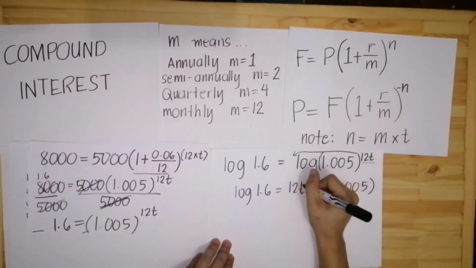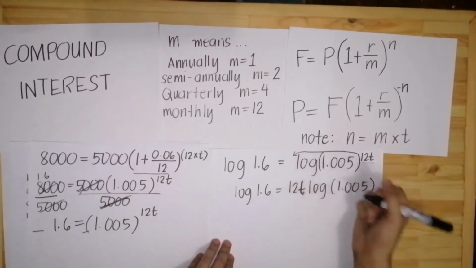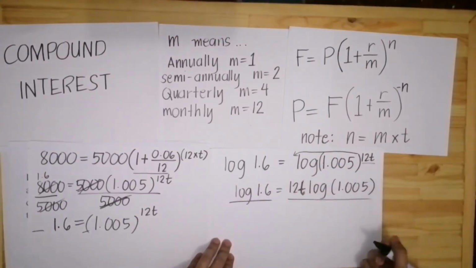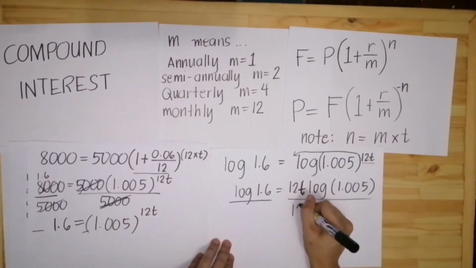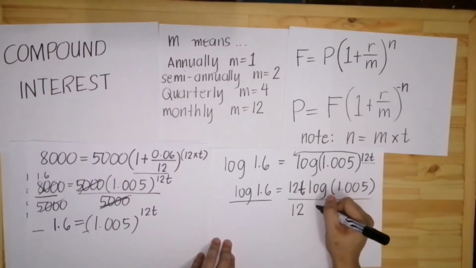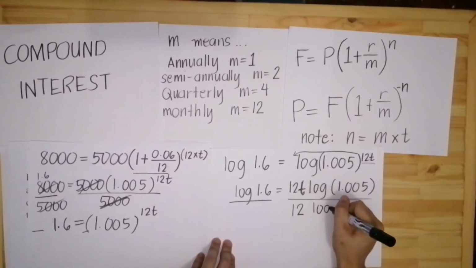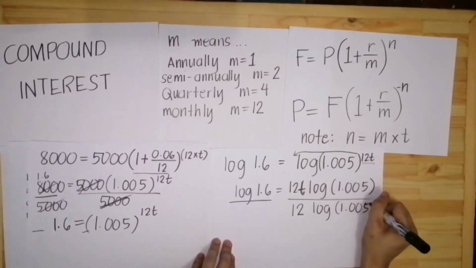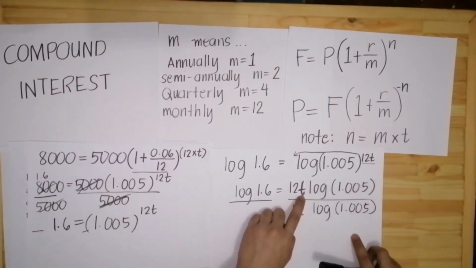Okay? Since ang kailangan mo lang naman dito is the time, pwede mong tanggalin lahat ng katabi niya. Divide both sides mo kay 12. Divide both sides mo rin kay logarithm 1.005. So, ang matitira lang dito yung time.